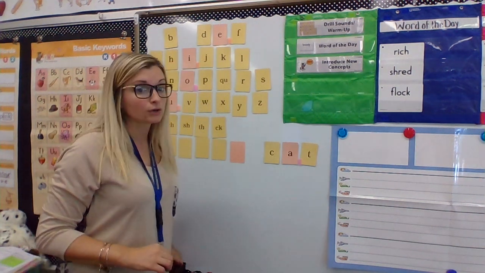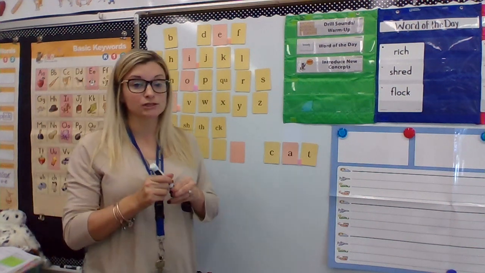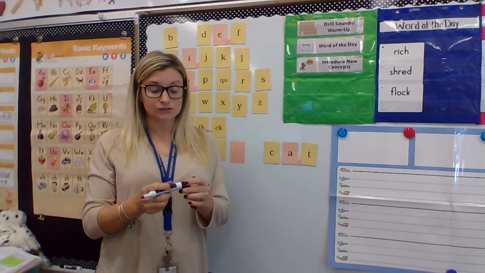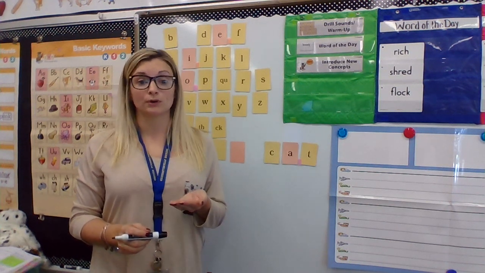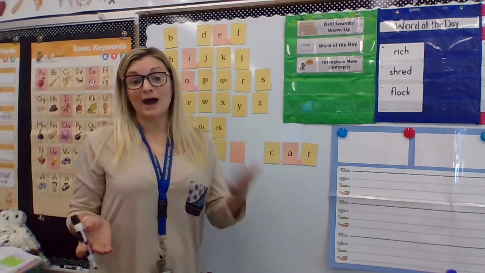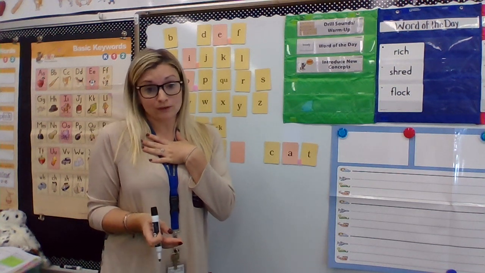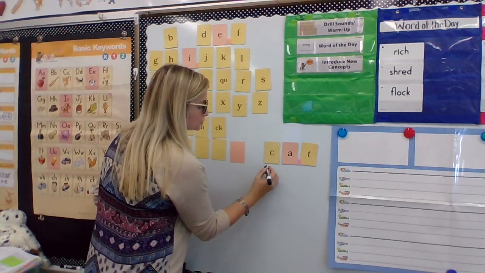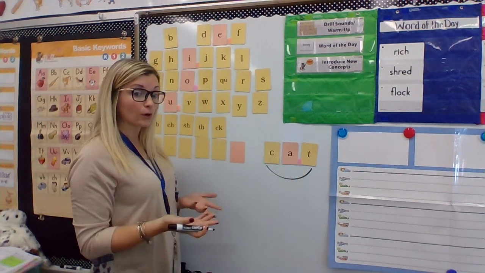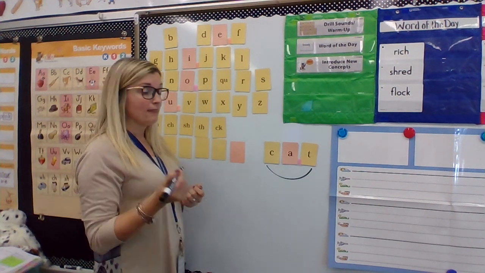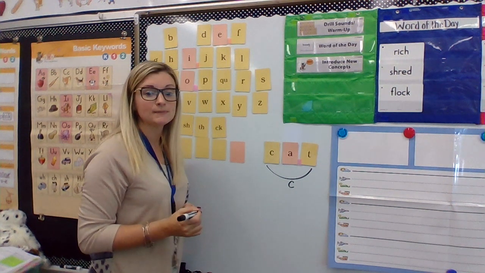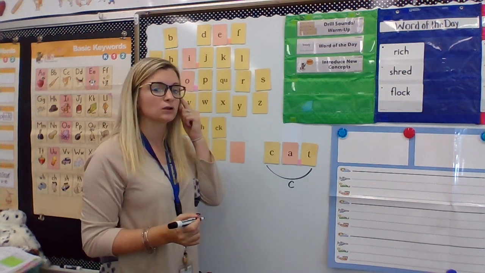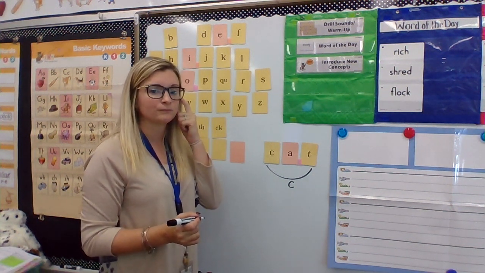And when we mark closed syllables, there's a couple things we need to do. First, you can either underline or scoop the word. It's up to you, but I like to scoop the word. So we would scoop it like that, or you can underline it. Then you need to make sure you mark it with a C underneath. That C means that it's closed. It reminds us that it's a closed syllable.